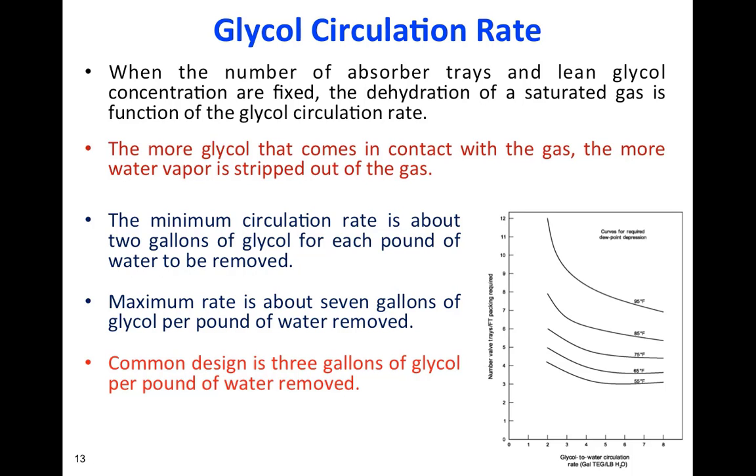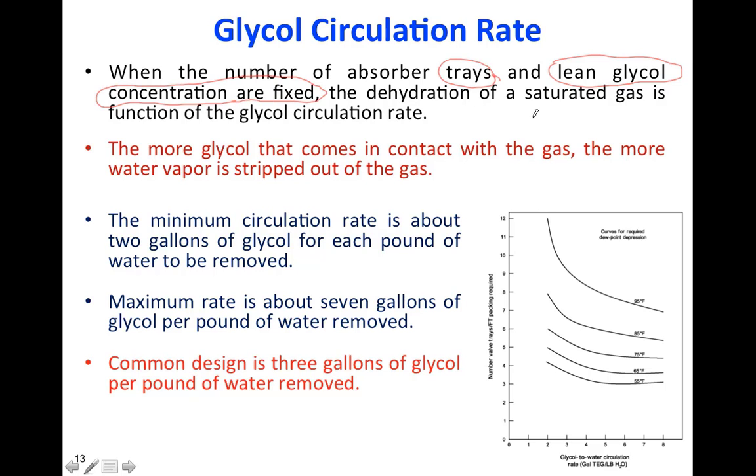Okay, glycol circulation rate means the flow rate of the glycol in the process, especially in the absorption column. If the number of trays is fixed and the lean glycol concentration is also fixed, we cannot play with these two parameters.